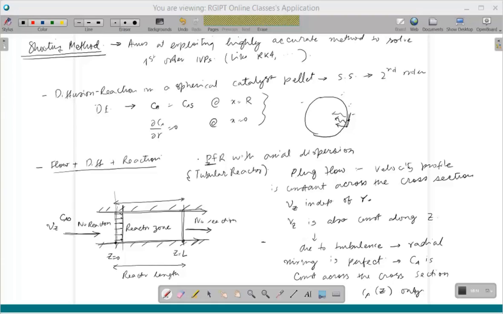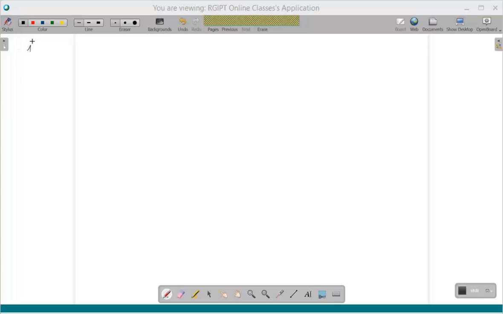Now, just for the sake of demonstration, we'll assume first order kinetics. And there is an axial dispersion.